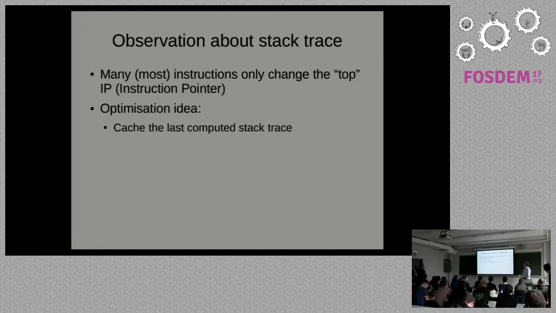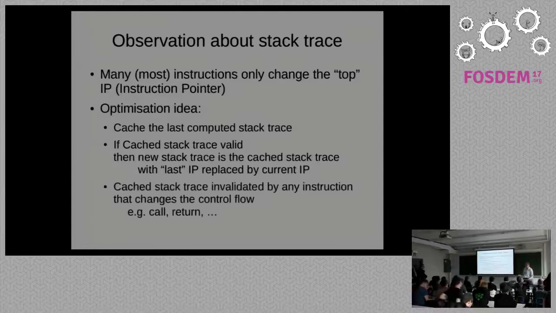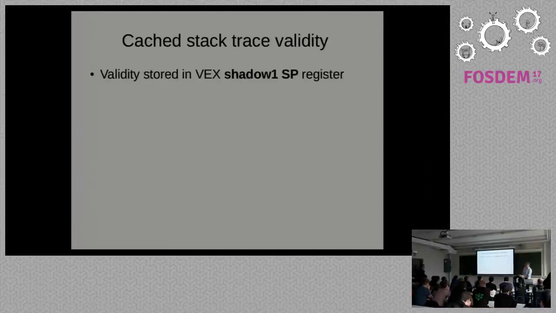So the optimization idea is to cache the last computed stack trace, and if the cached stack trace is valid, then the new stack trace is the cached stack trace, and we just replace the last instruction pointer of the stack trace by the current instruction pointer. Now, of course, that's easy, but we have to invalidate the cached stack trace sometimes. So the cached stack trace is invalidated by any instruction that changes the control flow, for example call, return, etc.